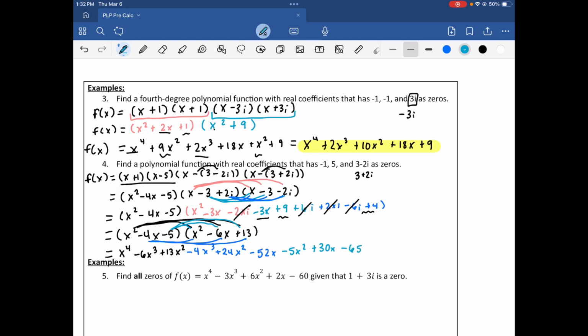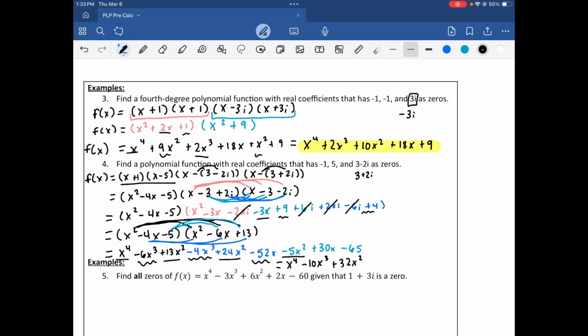And then one more time, combine all my like terms. So I've got 1x to the 4th. I've got minus 6x cubed minus 4x cubed, so a total of minus 10x cubed, 13x squared plus 24x squared, that's going to give me 37x squared minus 5x squared, so plus 32x squared.